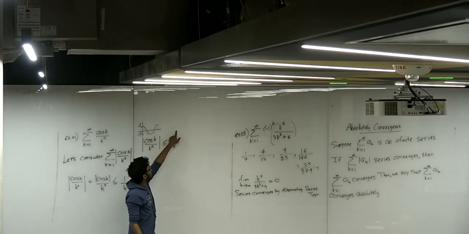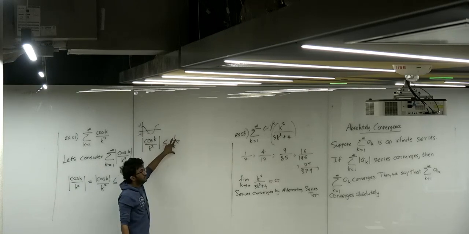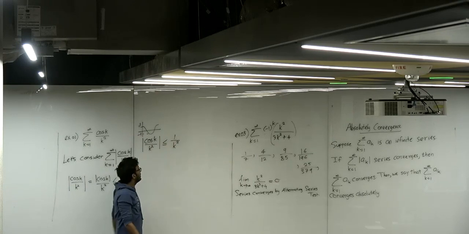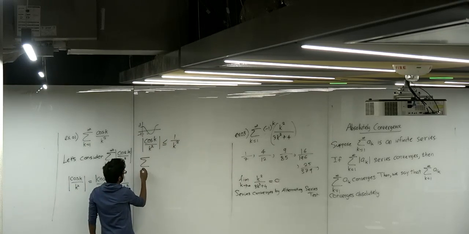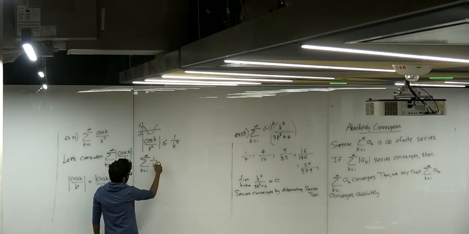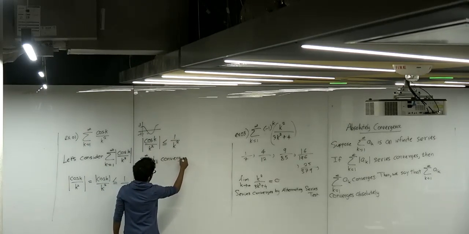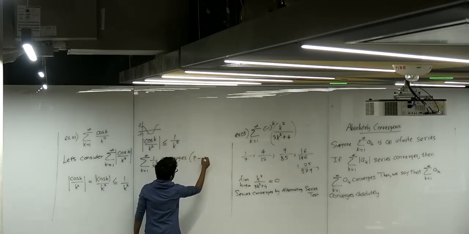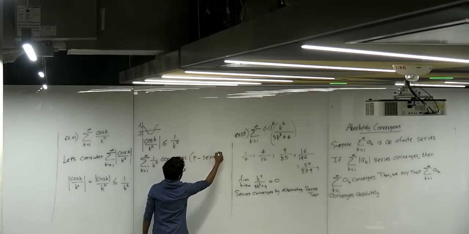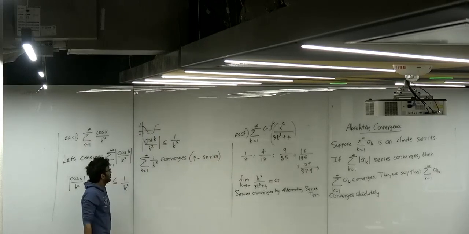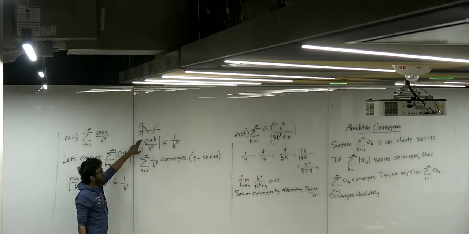Now what can you say about this series? From the p-series, it converges. Consider the summation k goes from 1 to infinity of 1 over k to the power 2. Because the power is greater than 1, this converges, because it is a p-series. Then the larger one converges, so what can you say about this one?